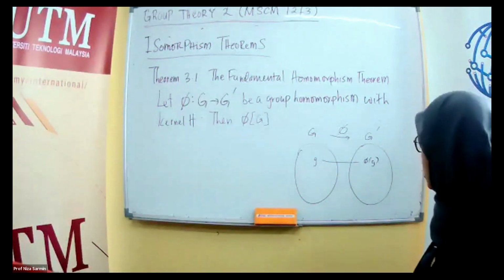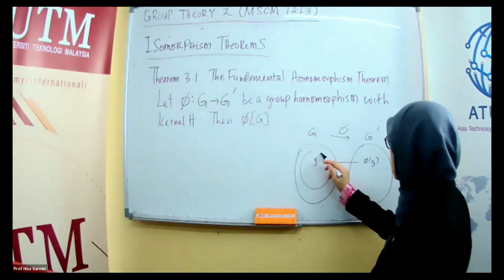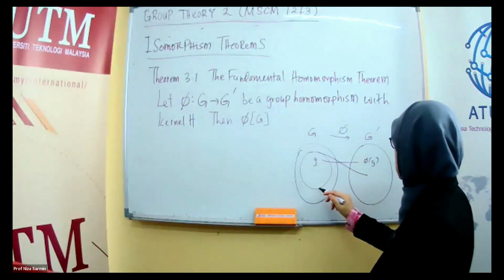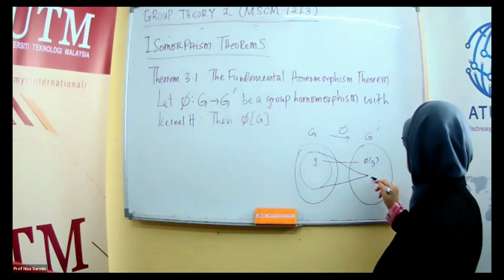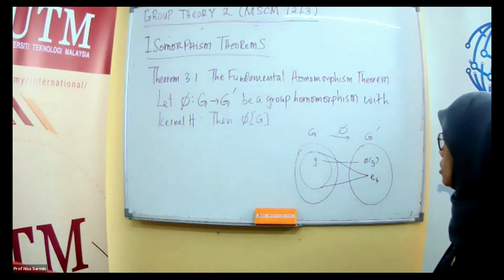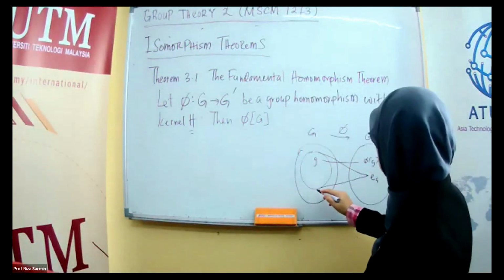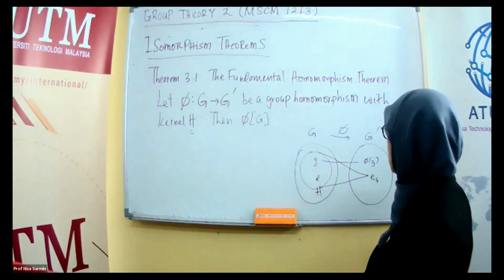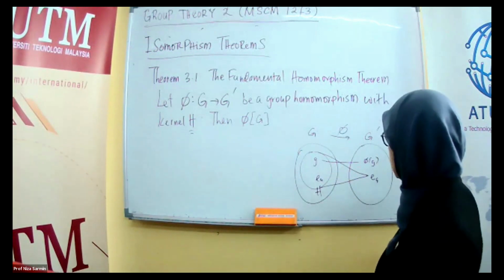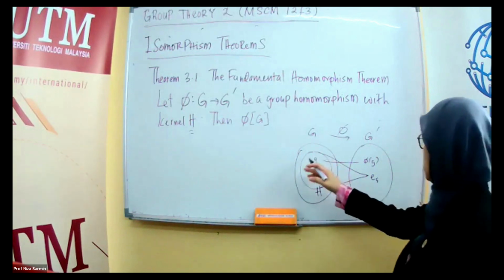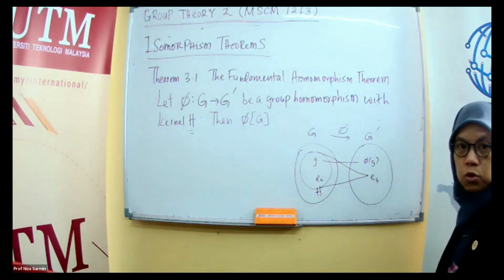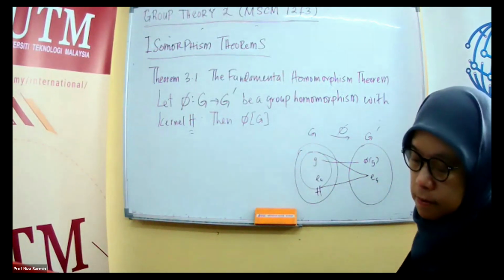And whatever is mapped to the identity is called the kernel. So you have a kernel, and E has to be inside the kernel. Kernel is something that we map to the identity.